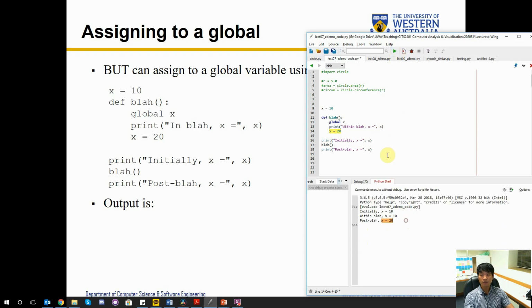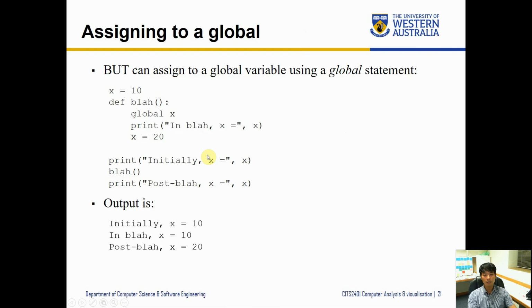So now it's 10, 10, and then 20, because we did a print before we changed it. So now when I say x equals 20, this is directly referencing the variable outside because I have declared that this is a global variable. So now we have 10, 10, 20.